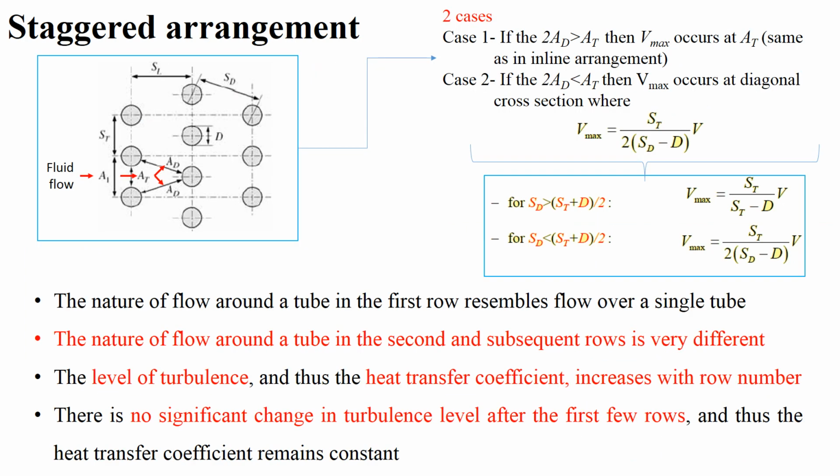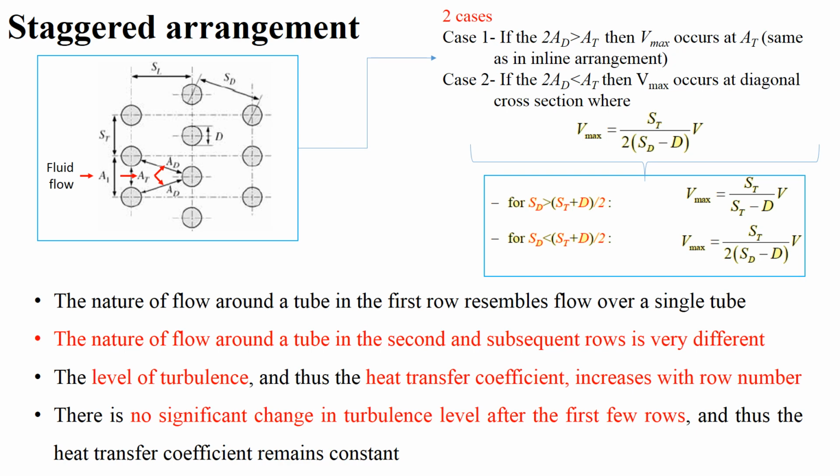Okay, now we look into the staggered arrangement. As you can see in this figure, the red arrow is the flow direction, and the fluid is flowing from surface area A1, goes to A2, and then goes to the AD area, which is in the diagonal area.